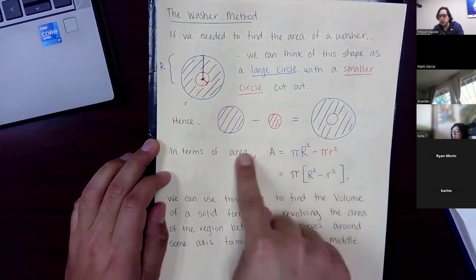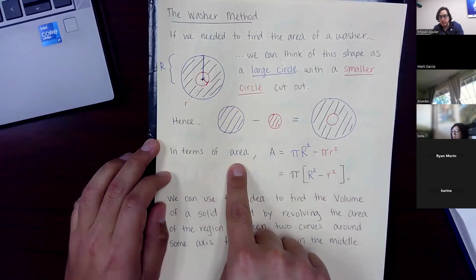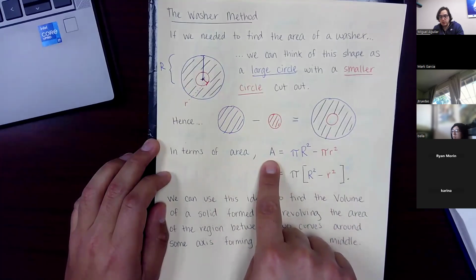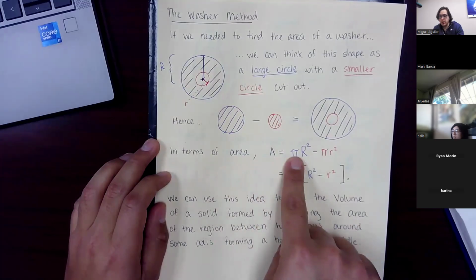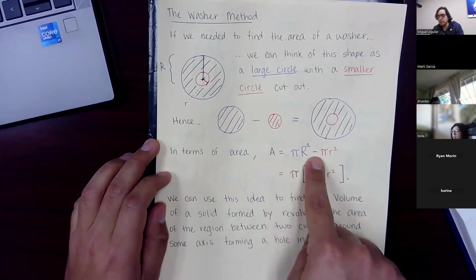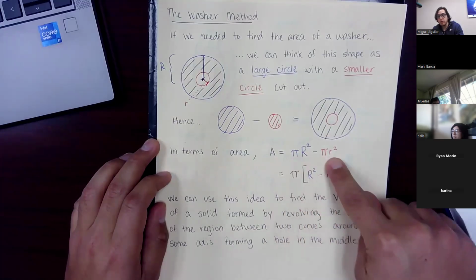In terms of two-dimensional area, the area of the washer is equal to pi R squared, where capital R indicates the larger radius, minus pi r squared, where lowercase r indicates the smaller radius.